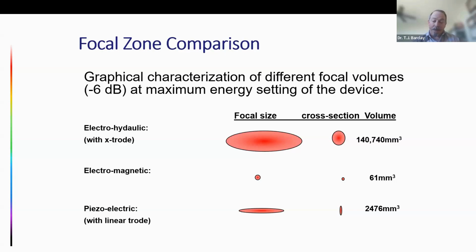Depending on which, the piezoelectric can be slightly longer with their linear trodes, but that's a very large difference in focal zone, and that's again going to translate to what we see as far as effectiveness goes, just because of the volume of tissue that we're treating.